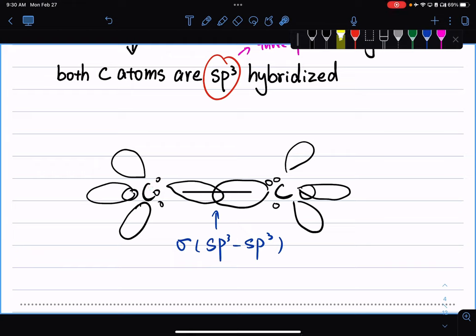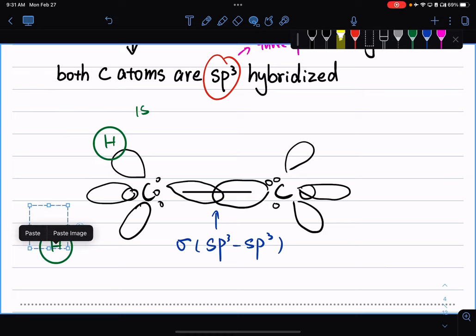What I'm drawing here are the sp3 hybridized atomic orbitals. And at the end, you have the hydrogen 1s. Little tired, didn't draw it 6 times. I'm just going to copy paste it down.